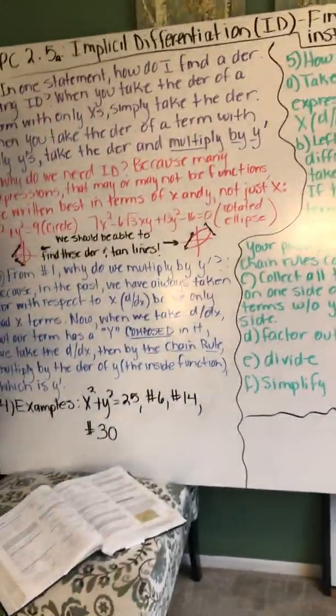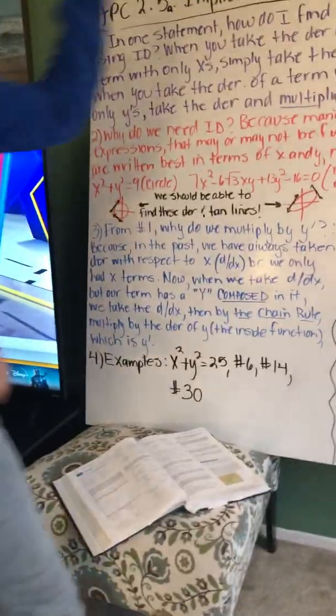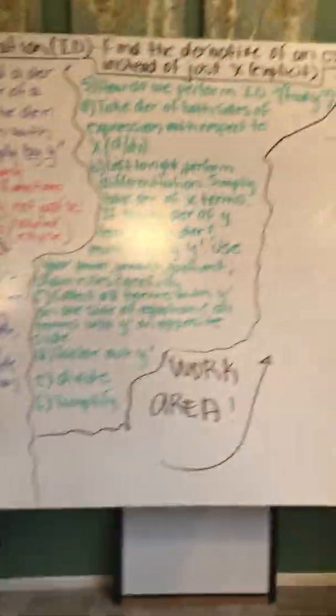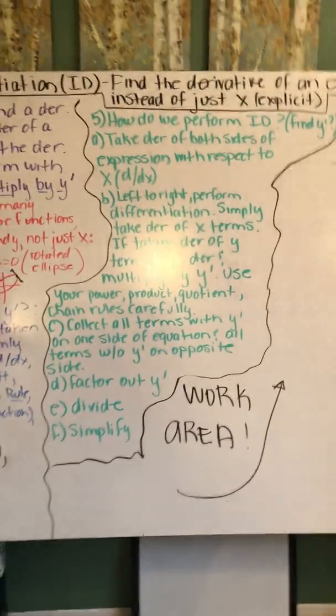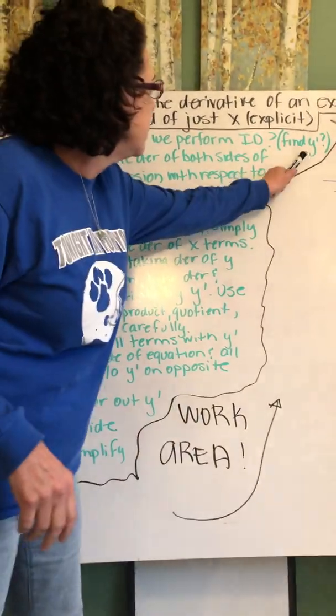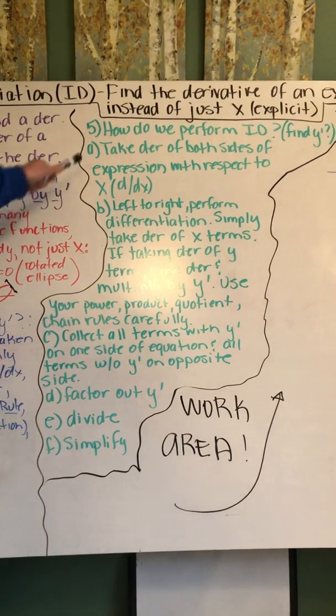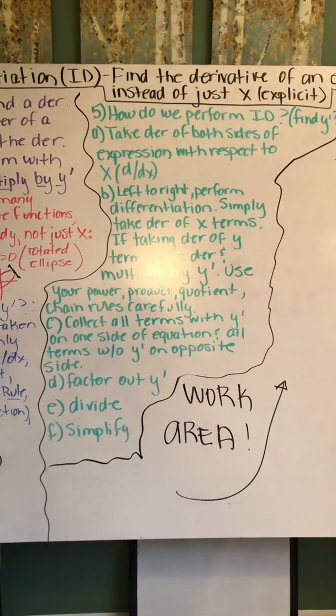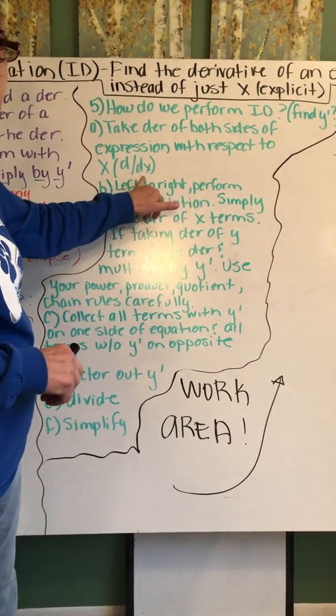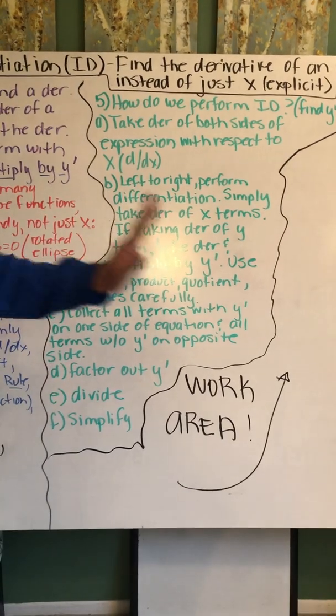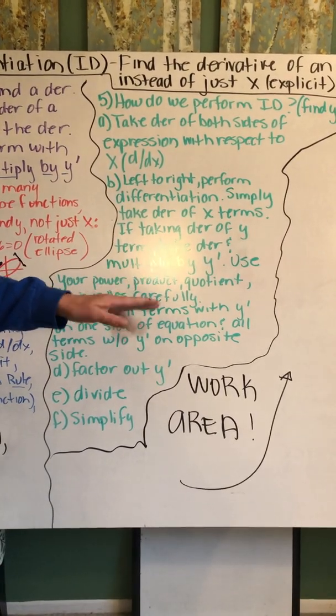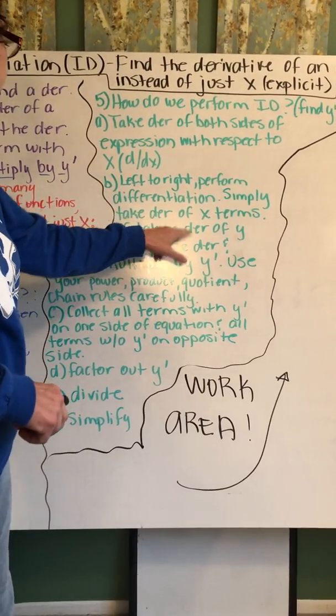Okay, so let's take a look. Number 4 are the examples we're going to do. In green, here are the steps we do. How do we perform implicit differentiation, meaning we're finding the derivative of y? A, take the derivative of both sides of the expression with respect to x. Left to right, perform the differentiation. Simply take the derivative of the x terms.